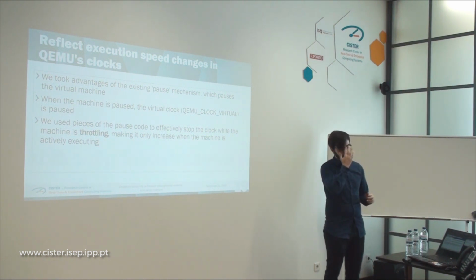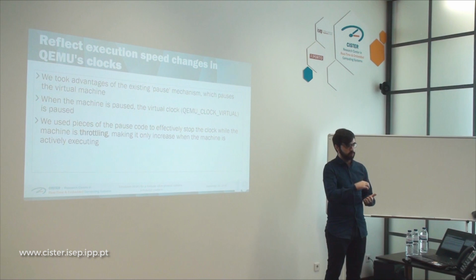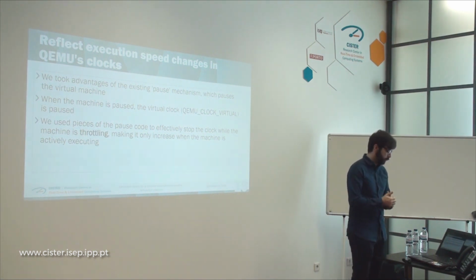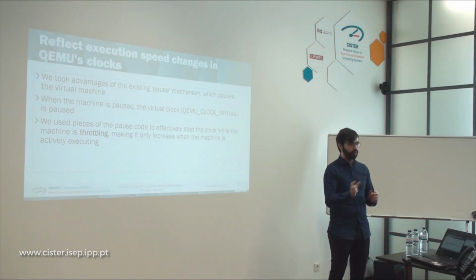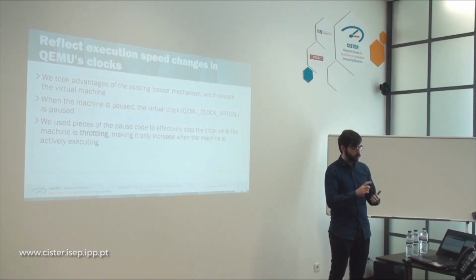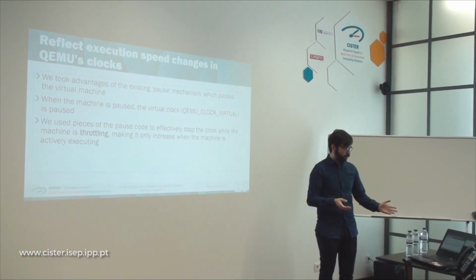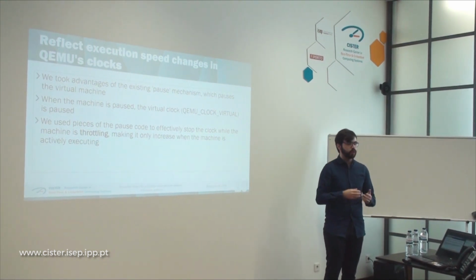The virtual clock is a type of clock that is only incrementing, only running, while the machine is actually executing. So we used pieces of this code, the relevant pieces, that actually pause the clock, and we pause this clock whenever the machine was sleeping. Let's call it sleeping. So it actually introduces a little bit of overhead.